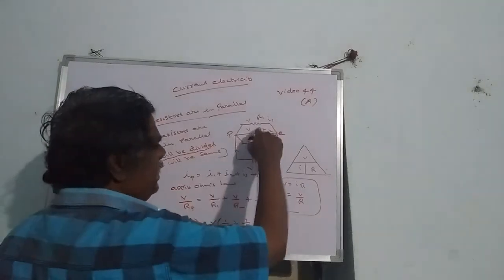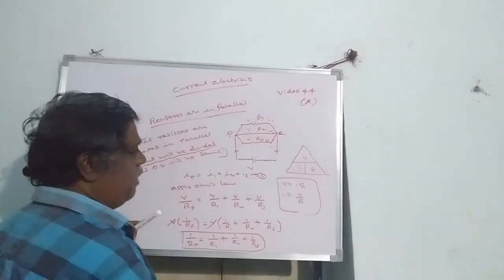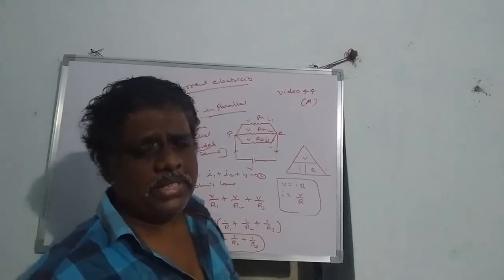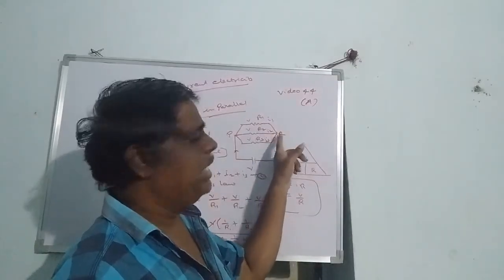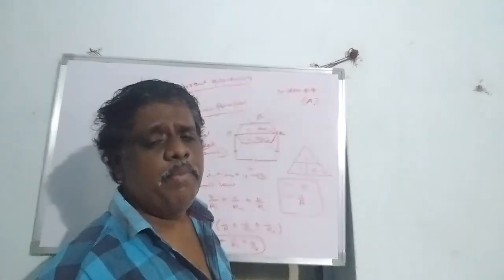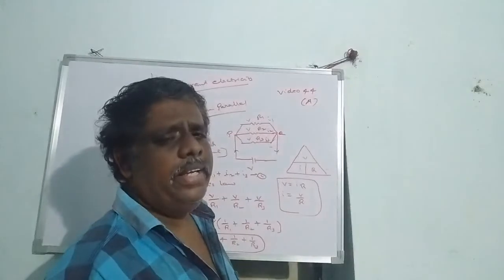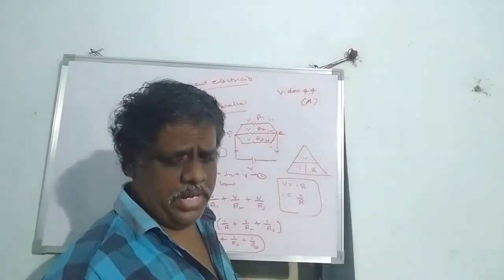So take the resistors and connect them as shown in the circuit diagram. That means all their first ends are connected to one single common point, and all their second ends are connected to another single common point. This connection is called a parallel connection or parallel combination.